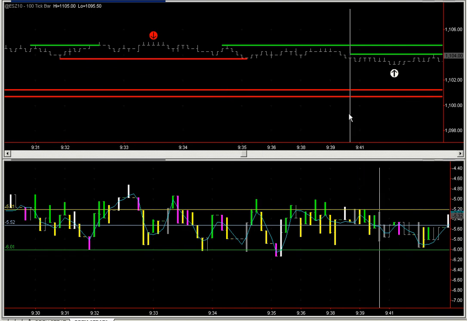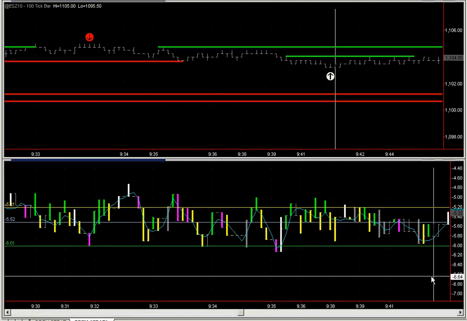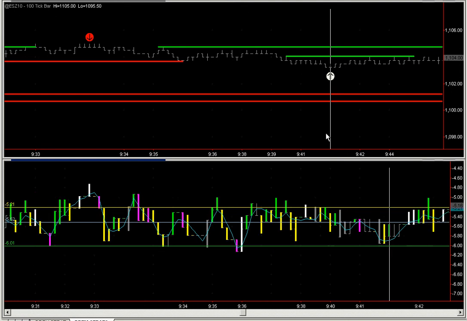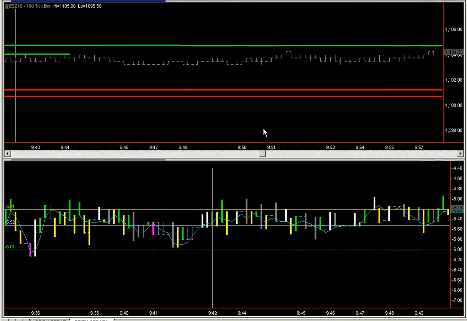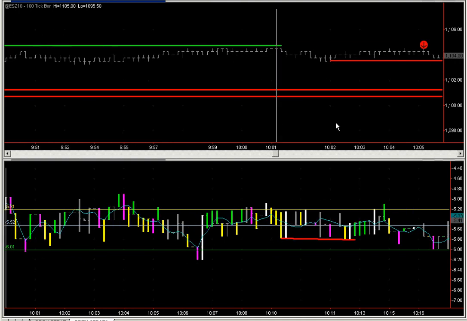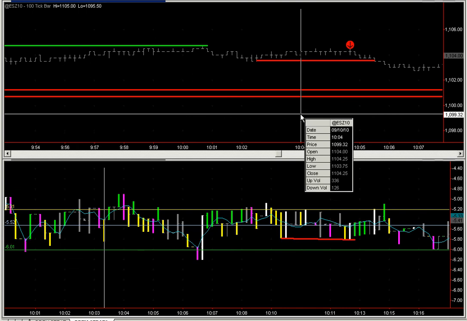So all we do is follow the indicator, wait for the positive colored bar above the green line, boom, there's your long, and notice what happens. Goes right back to where we expected it. Now we get another setup right here.